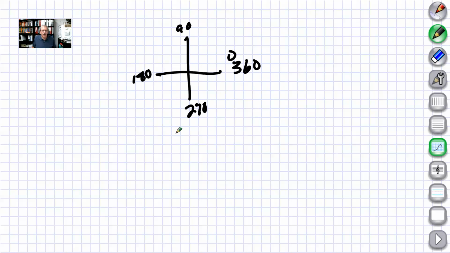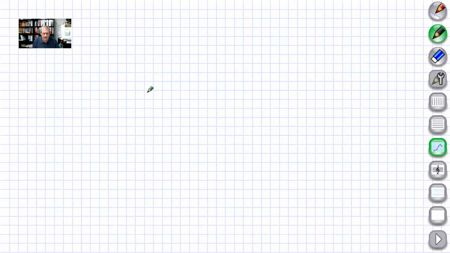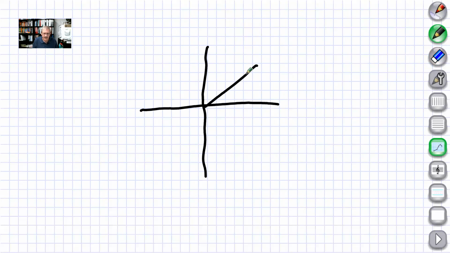Now we want to talk about, let's say we have an angle here. And this angle is, let's just call it 30 degrees. And that's from here to here. But maybe we have another angle that falls right on this angle and goes around this whole thing, 360, if I can draw a decent circle, and comes back.